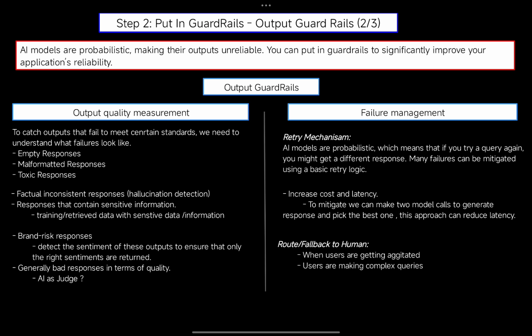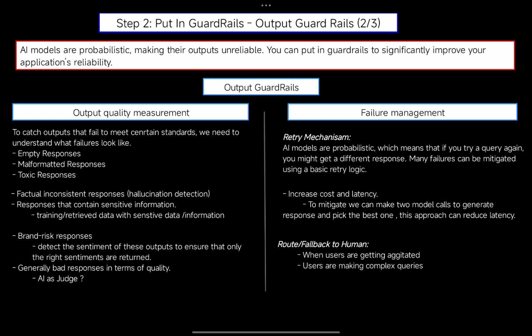Also you can put in certain fallback mechanisms where you fall back to a human, right? So you have certain mechanisms through which you detect that the users are getting agitated while having conversations with the chatbot. When you detect those types of agitation in the user response, you can straight away route those conversations to a human for tackling them.